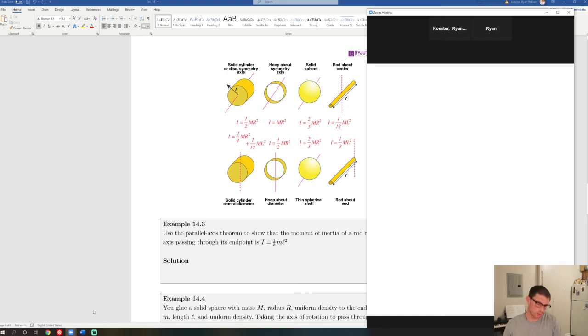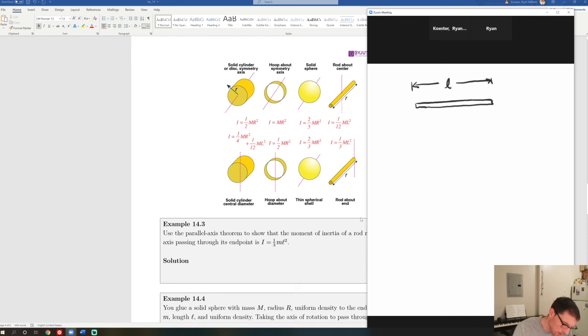Okay, so what we want to do is we have a rod. We'll say that it has length L. And we know its moment of inertia about the center of mass because we have that in the table here, right? We have 1/12 m l squared. And you might be thinking, well, we also have the endpoint one in the table, but let's pretend we don't. Let's pretend we had to calculate this from first principles.